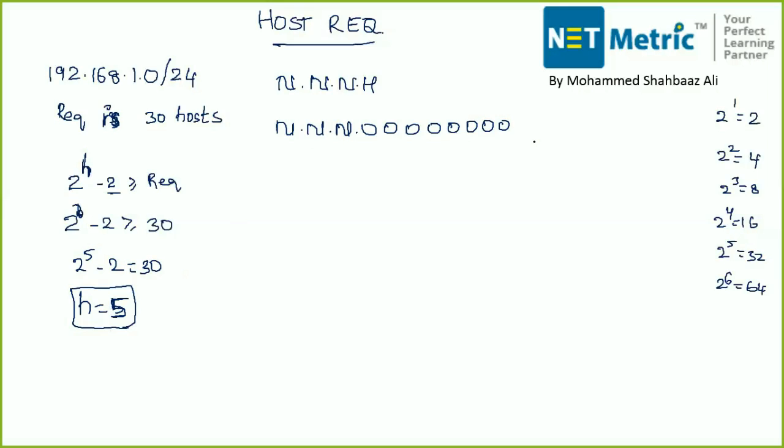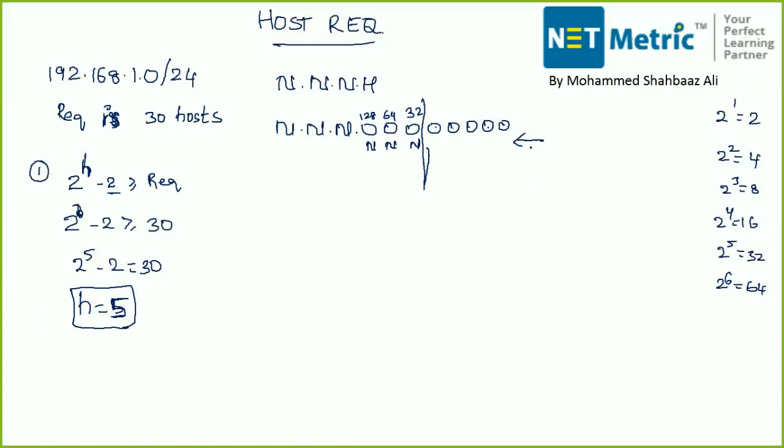In this method I will go from right to left. I will make sure 5 bits are there. After making sure 5 bits are available, whatever remaining bits are there, I am going to convert them into network bits, and the increment value will be 32. It is the same method; the only change is how you calculate the h value.